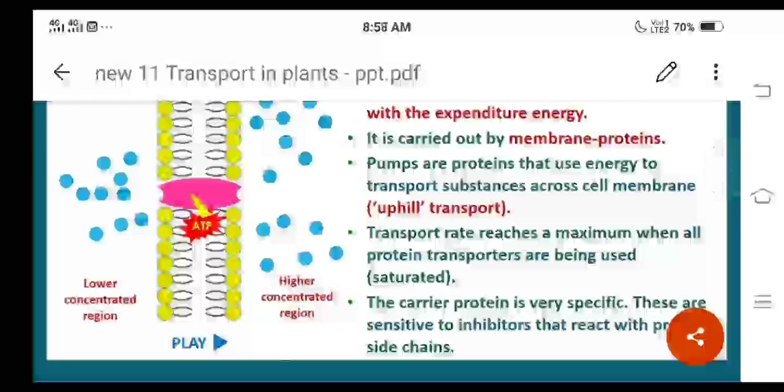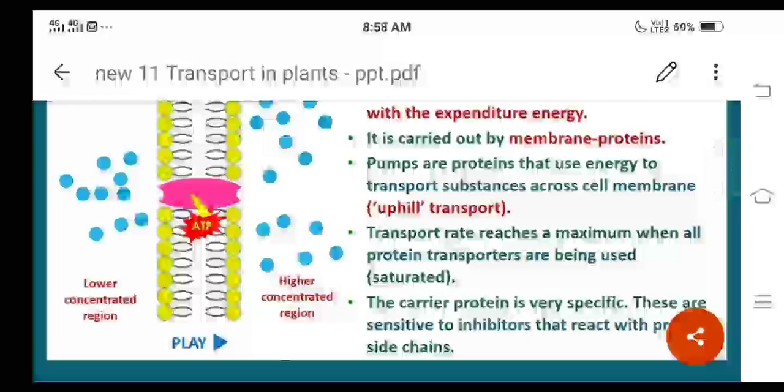One more character of active transport is the carrier protein is very specific. These are sensitive to inhibitors, or some chemicals that react with the protein side chains. All these are the important characters regarding active transport.